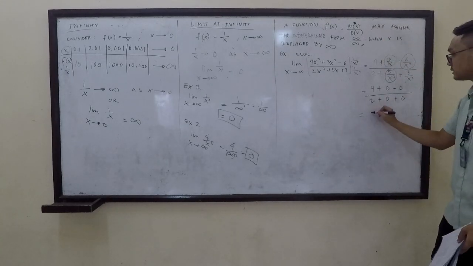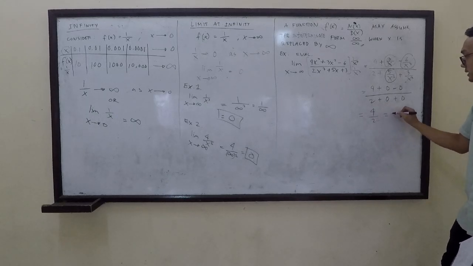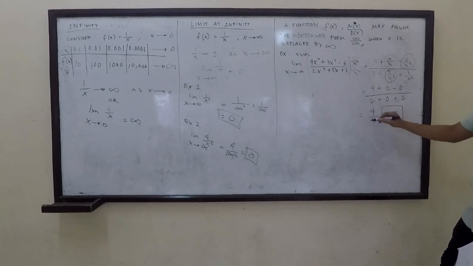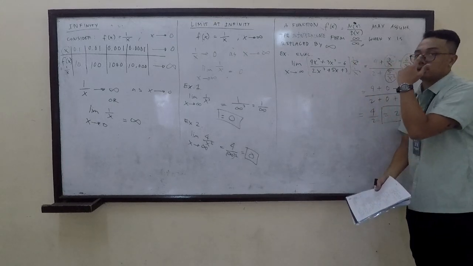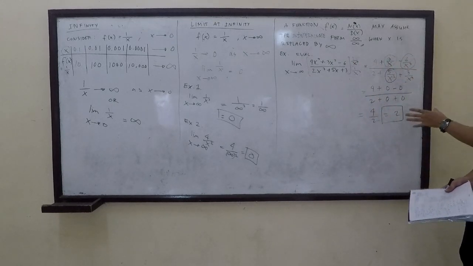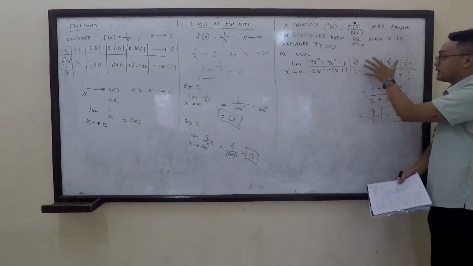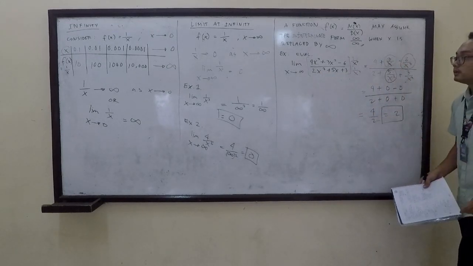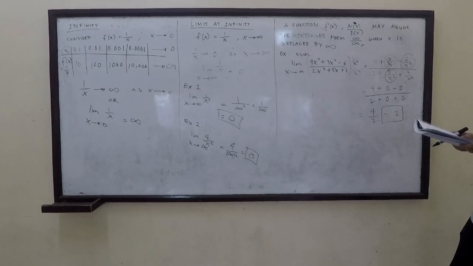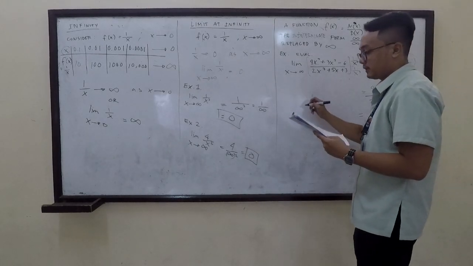So this is just 4 over 2. So from an indeterminate form earlier, infinity over infinity, we got the limit of our function using this method.